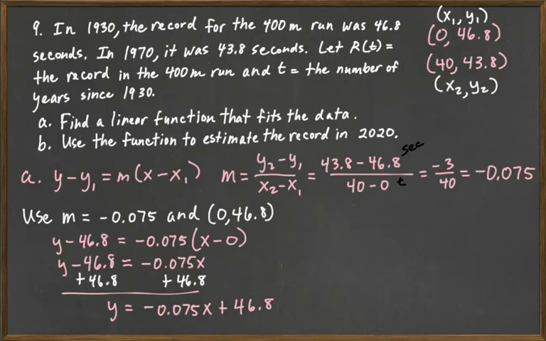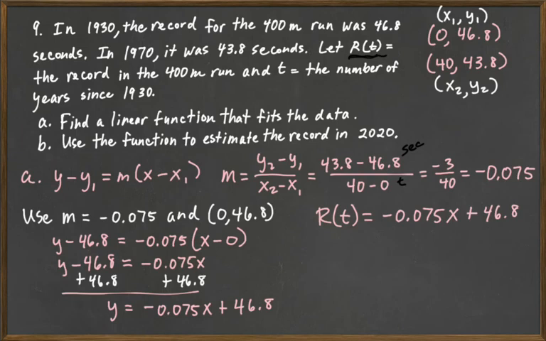Now, we are writing the equation of a linear function. In fact, they called it r of t, and I'm using y here. I didn't want to change my notation because when I use point-slope form, we're using the y notation, but I want to change now since we're ready to write the final answer for the function. Instead of writing y, we're going to write r of t. And notice oops, I actually have an x there.